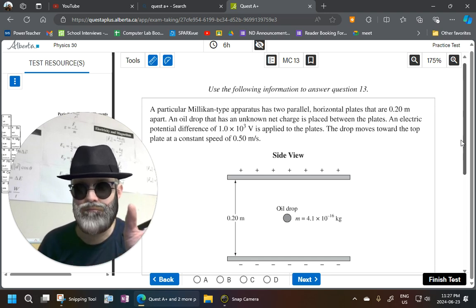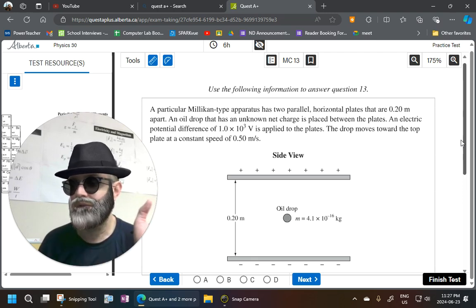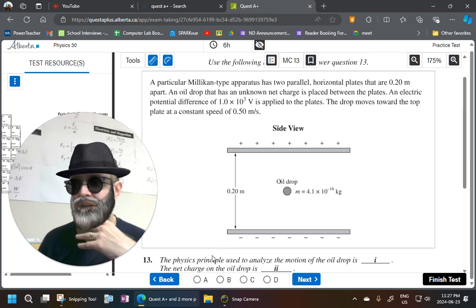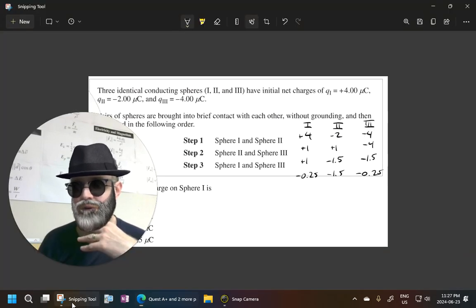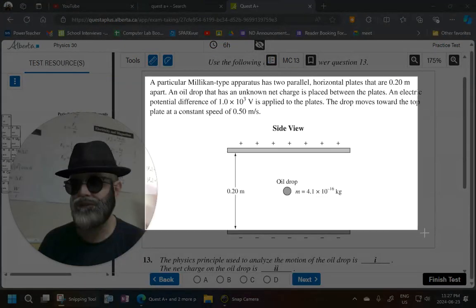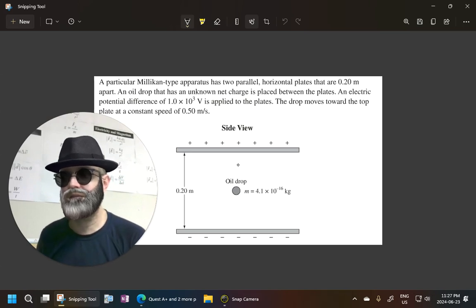Not accelerating. Remember, F net is equal to m times a. If the a is 0, then F net is 0. Okay, that's it. And then what's the charge? To figure out the charge, we're going to use the information that this is moving at constant speed.